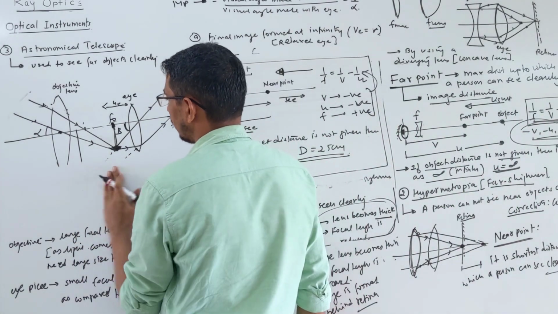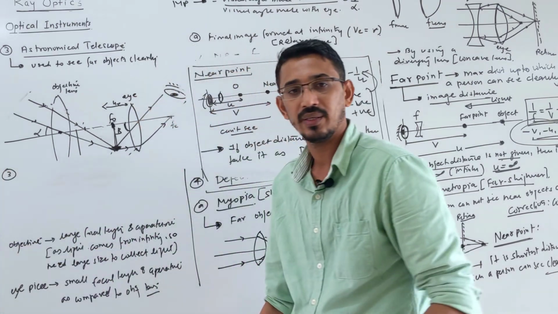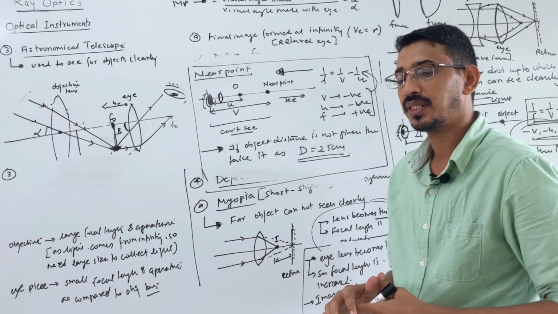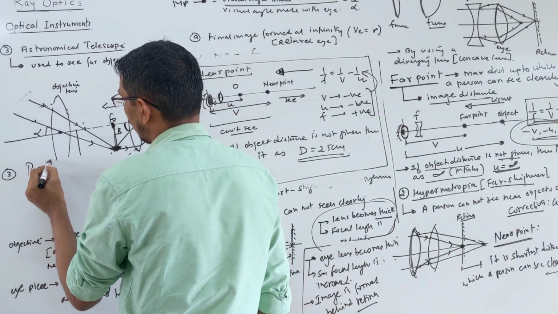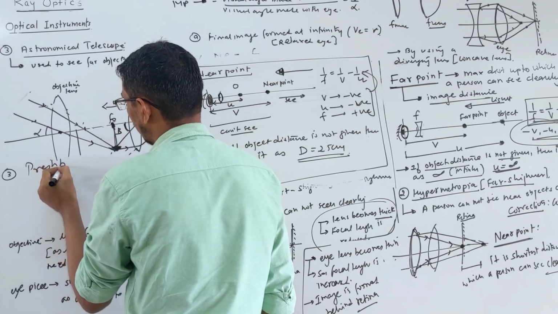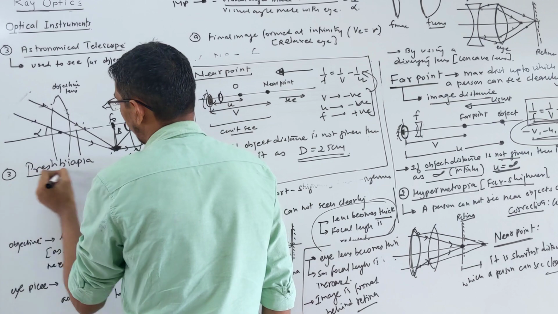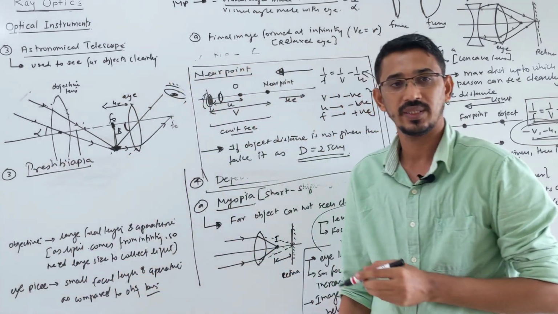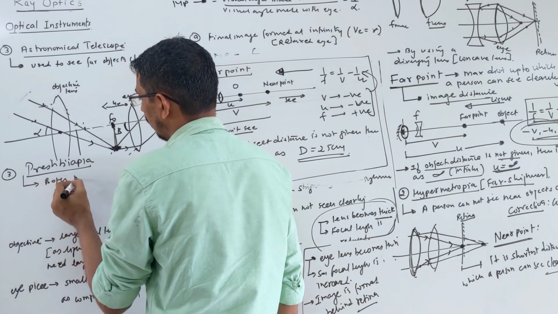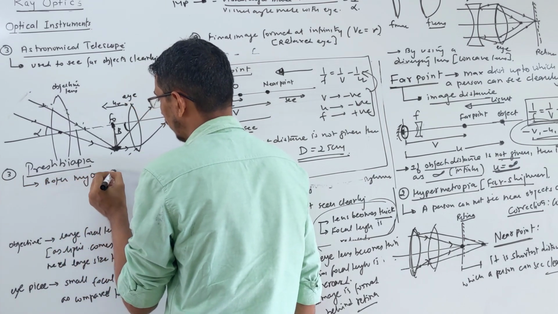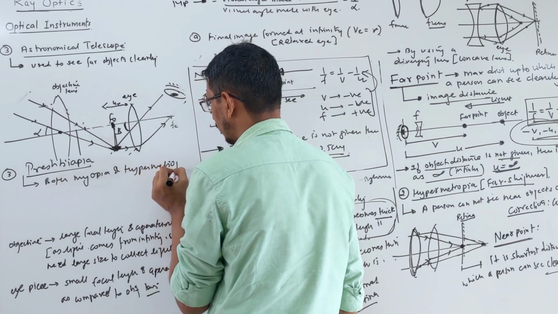You know their names. Something is called presbyopia. Let me write a few words here. Presbyopia means both defects are there, both myopia and hypermetropia.